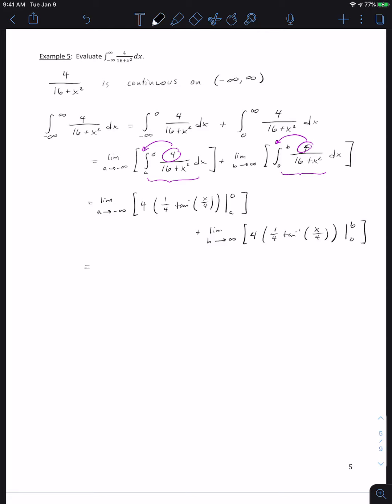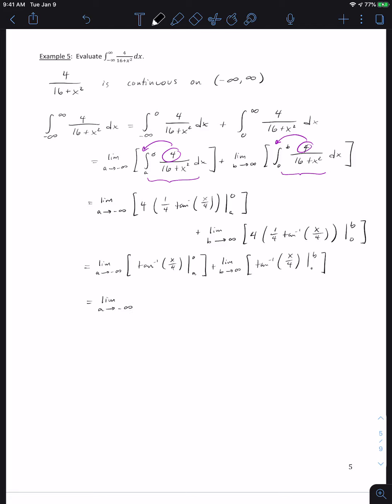So my 4's cancel out with each other, so I'm left with the limit as a goes to negative infinity of tangent inverse of x over 4 evaluated from a to 0, plus the limit as b goes to infinity of tangent inverse of x over 4 evaluated from 0 to b. Okay, so limit as a goes to negative infinity.